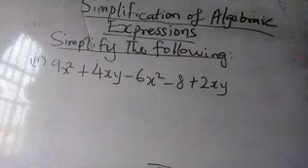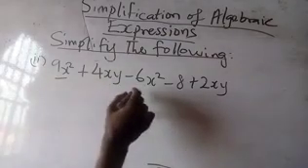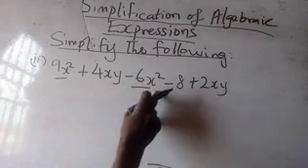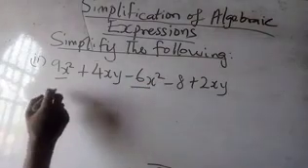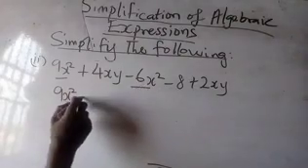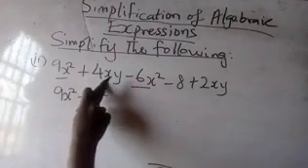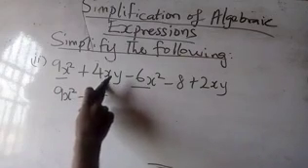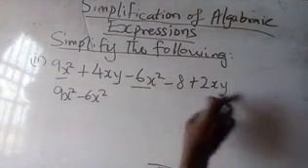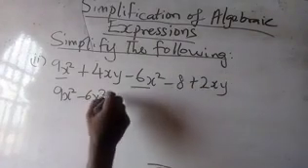Take for instance from the expression on the board, 9x squared is looking like minus 6x squared. So we have 9x squared minus 6x squared. When we look at 4xy, we find out that plus 2xy looks alike. So we bring it together.